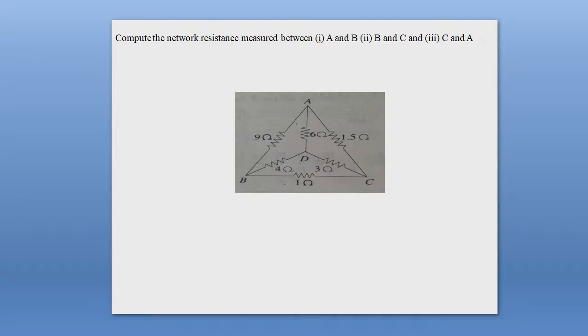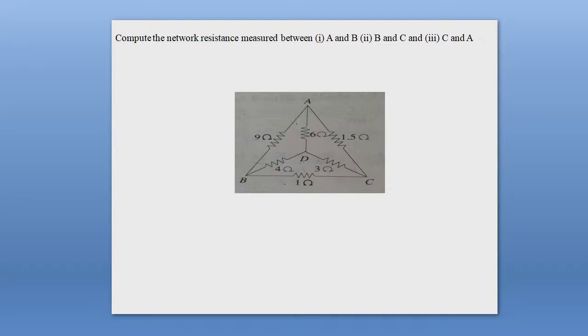Then it will be in parallel, and then you can calculate the equivalent resistance of two resistances in parallel connection. Thank you very much. We can convert the inner one star to delta.